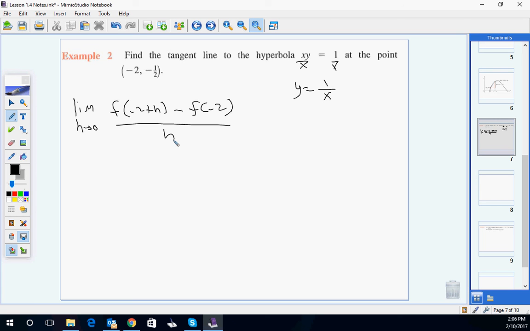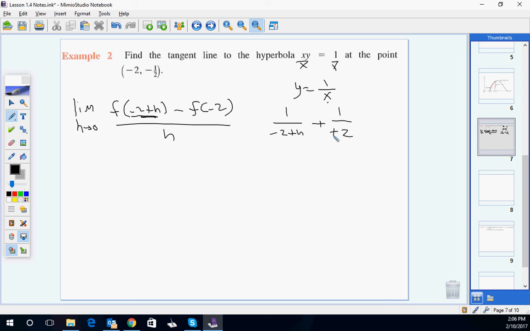Now this is an easier one. When I plug this into x, it's just going to be on the bottom. So the top is going to look like this: 1 over -2 plus h minus 1 over -2. So we can write that as plus 2, correct? Minus a minus. So what do we want to do here, though?